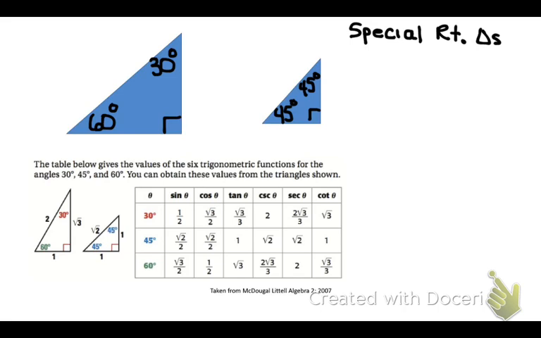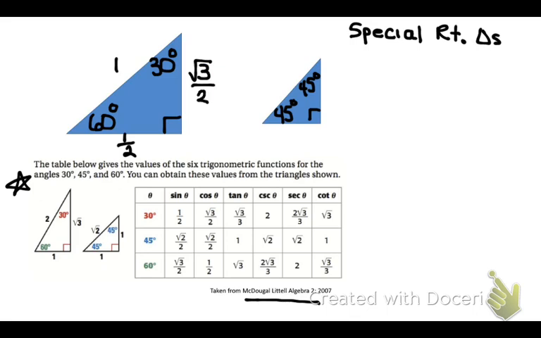Down at the bottom of the page, I took an example from your textbook, and they have the side lengths labeled as 1, 2, square root 3. We also might label the hypotenuse 1. If the hypotenuse is 1, then the smaller side is going to be 1/2, and the side opposite 60 degrees is going to be square root 3 over 2.